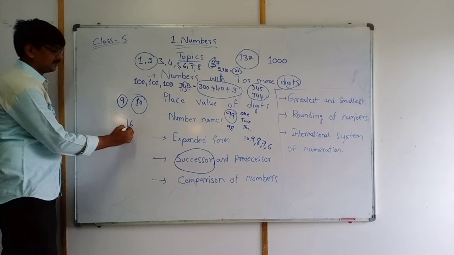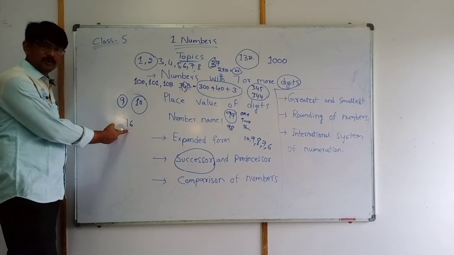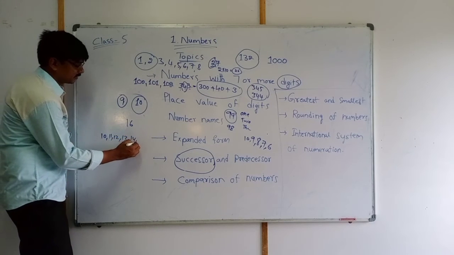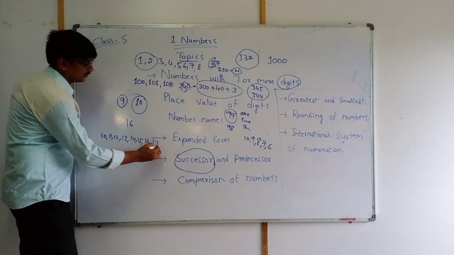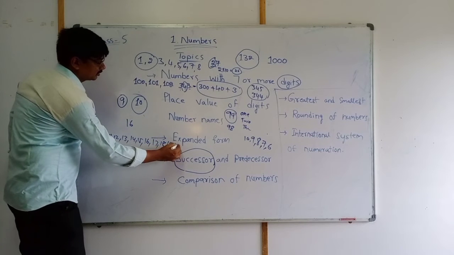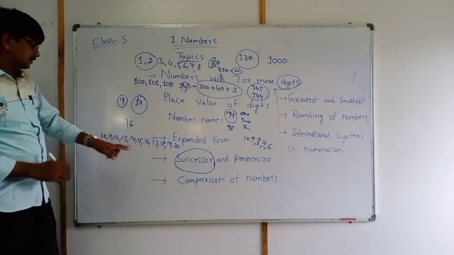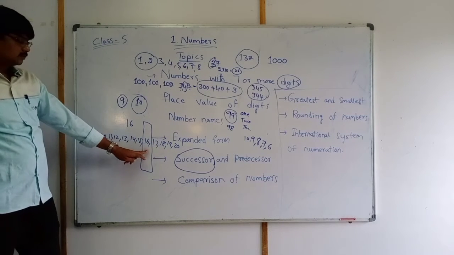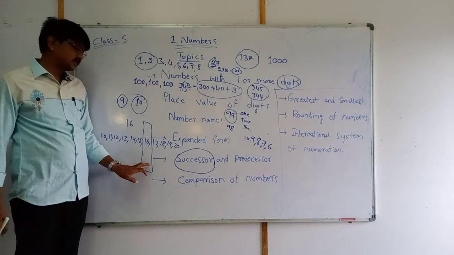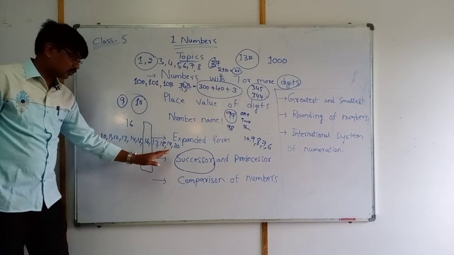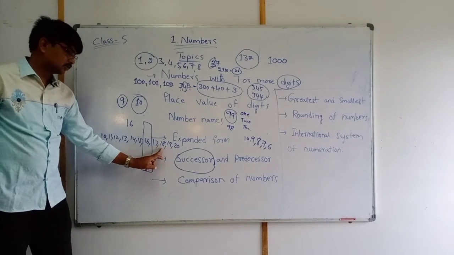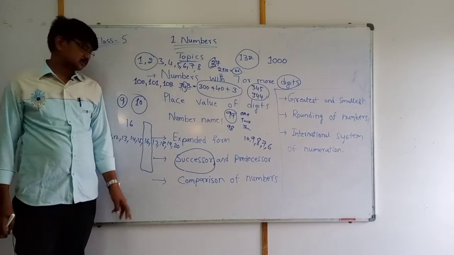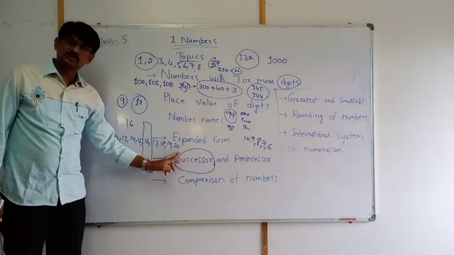If 16 is given, what are the 10s available? 10, 11, 12, 13, 14, 15, 16, 17, 18, 19, 20. Yes, 16 is here. Which is the nearest 10 to 16? If we want to go this side, 1, 2, 3, fourth number. By crossing 3 numbers, we will reach 20.